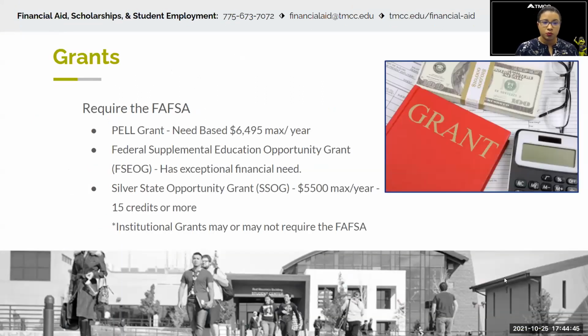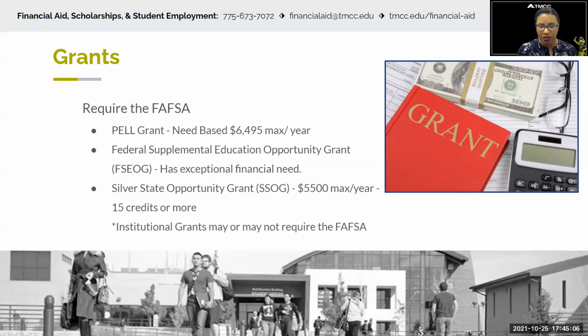So grants are, like I said, the most important type of aid to apply for because it only requires an application. It doesn't require you to do a lot of jumping through hoops or writing essays or anything like that, and you don't have to pay it back. So the Pell Grant is something that requires the FAFSA.